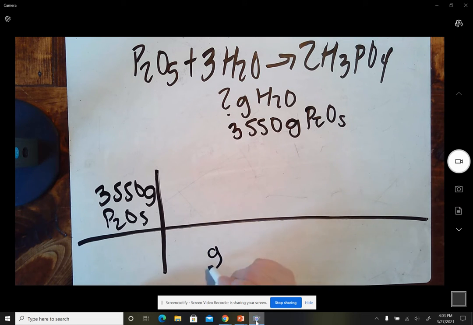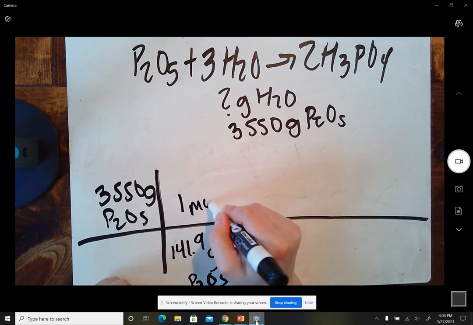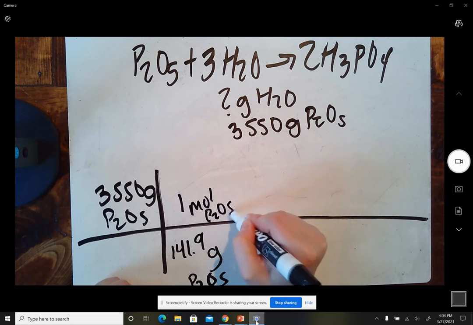So we're going from grams of P2O5. Using my periodic table, I figure out the molar mass. I take 2 times the mass of phosphorus plus 5 times the mass of oxygen to get a gram total of 141.9. And I know that the molar mass of the compound is equal to 1 mole of that compound.